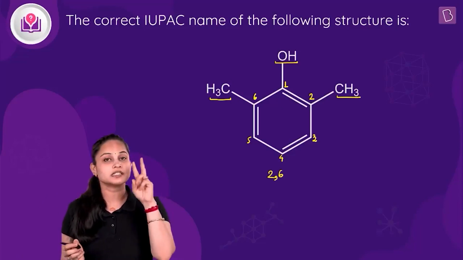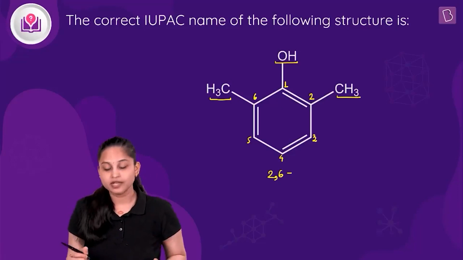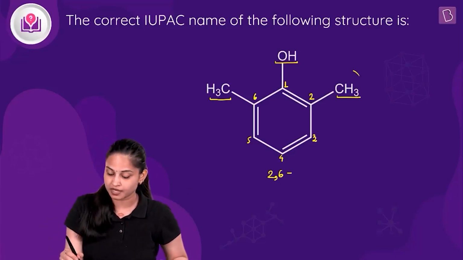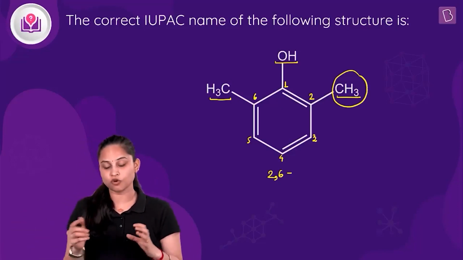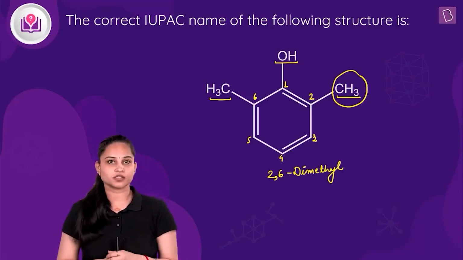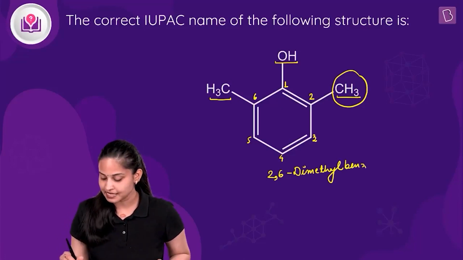Why? Because at the 2nd and 6th position, we have the methyl substituent attached. So it is basically 2, 6 dimethyl. And we can write it as benzenol.